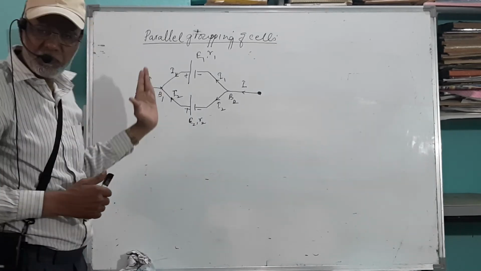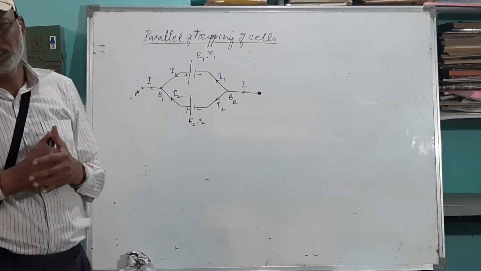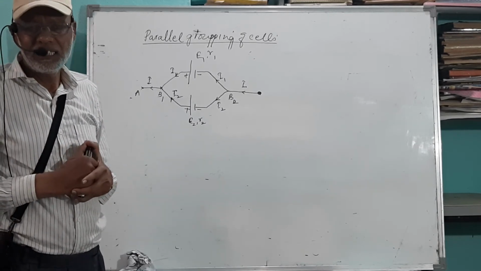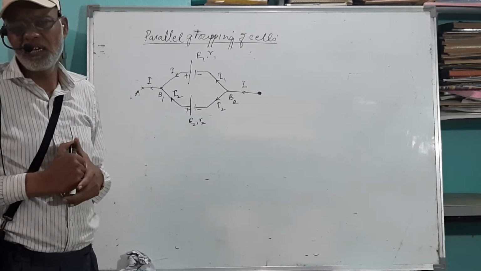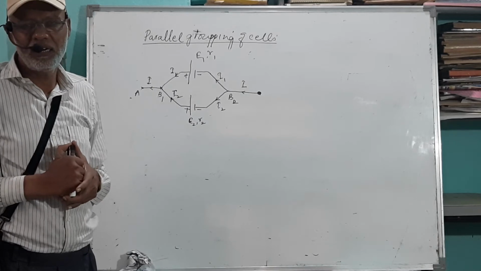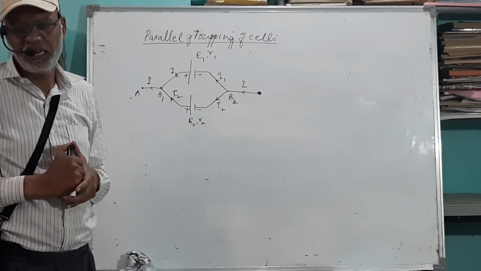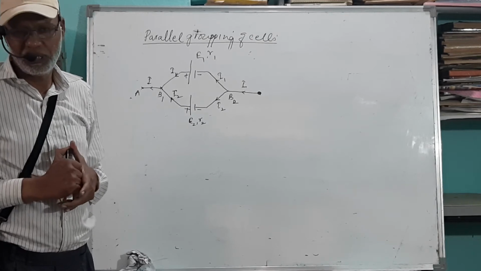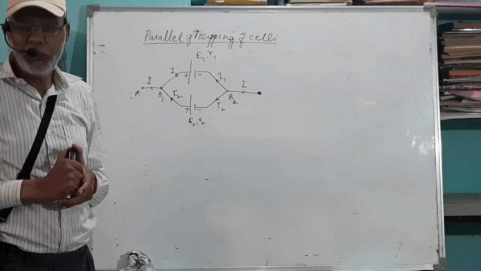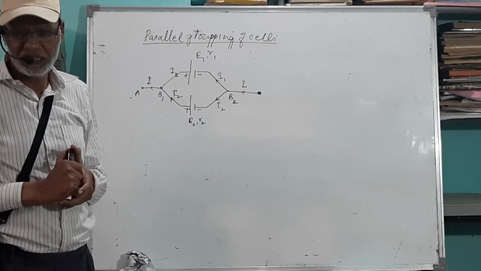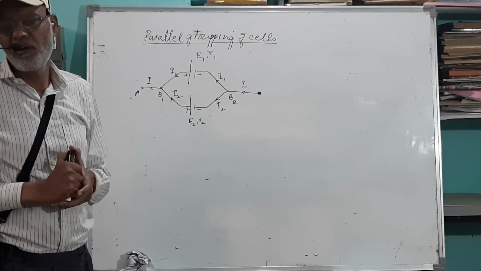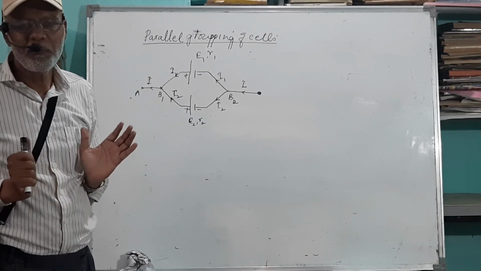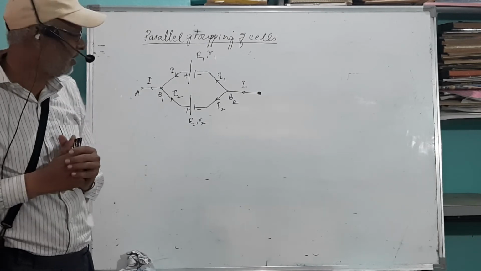Now we have a clear picture of when two cells are said to be connected in series and when they are said to be in parallel. If two or more cells are connected between two given points, such a grouping of cells is known as the parallel grouping of cells.